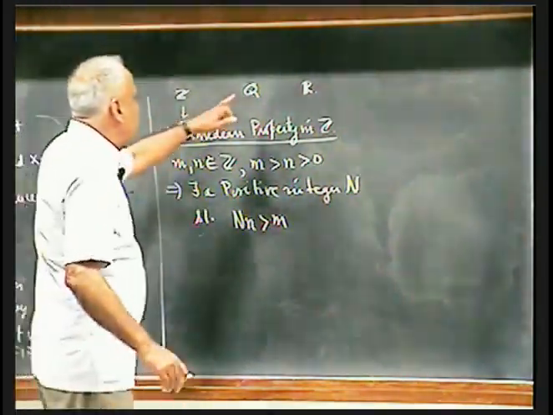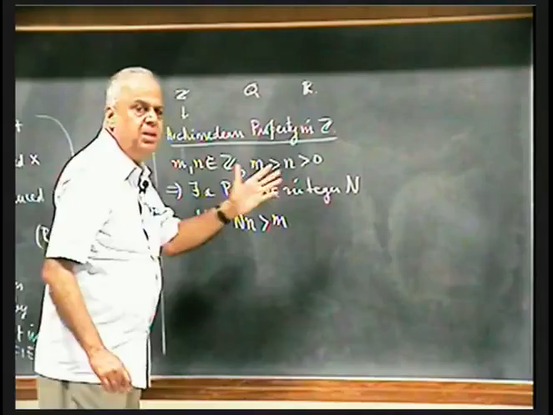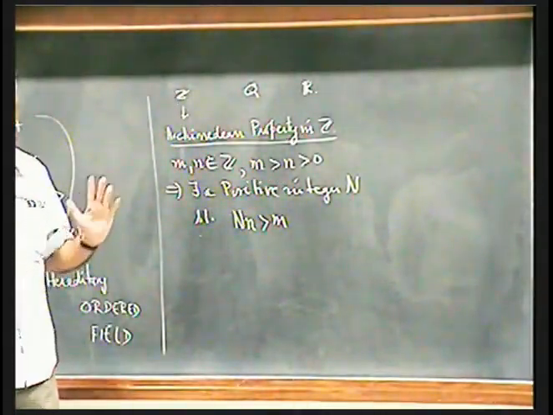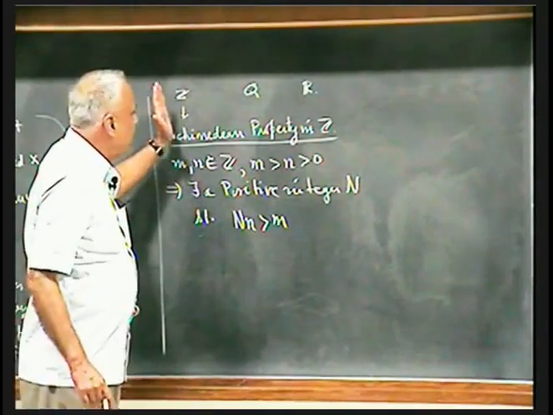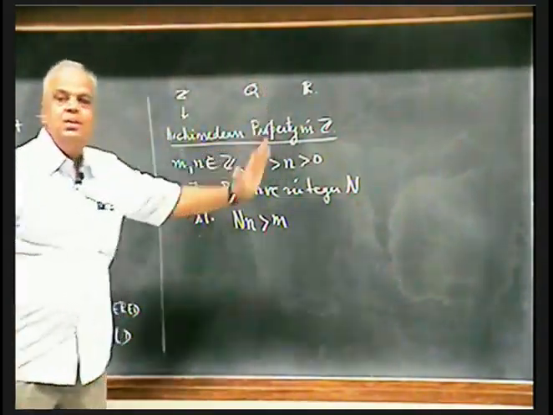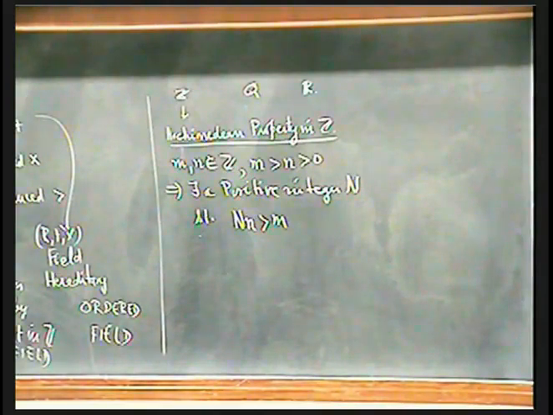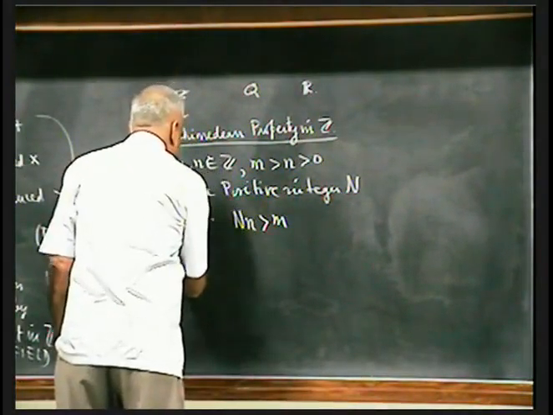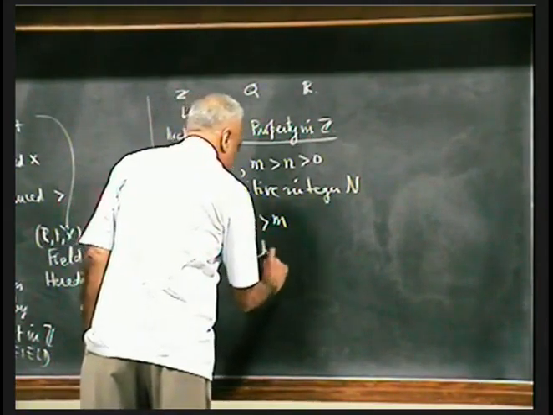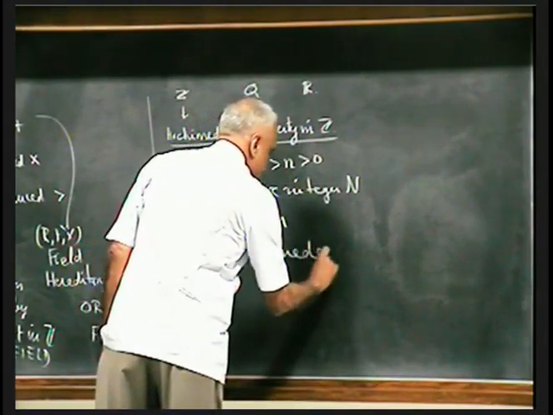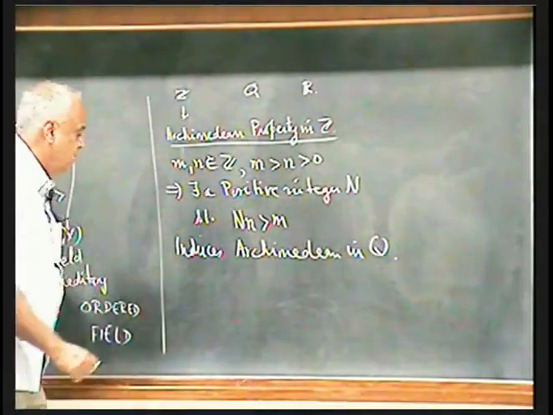Now, using the construction of Q from Z, we can easily see, the definitions are all there, and this is a nice exercise to do, that this Archimedean property in Z induces a corresponding Archimedean property in Q. What does that say?